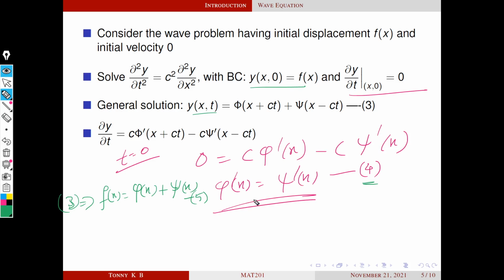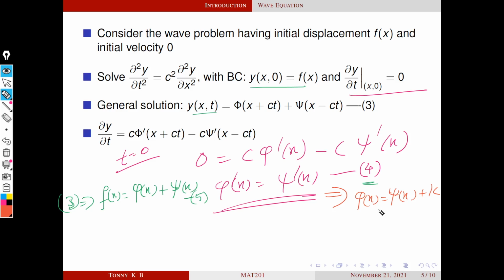LHS is φ(x), RHS is ψ(x) plus some constant of integration. Here this expression only contains the independent variable x, so the constant of integration is a normal constant. So by integrating equation number 4 with respect to x, we get φ(x) = ψ(x) + k.